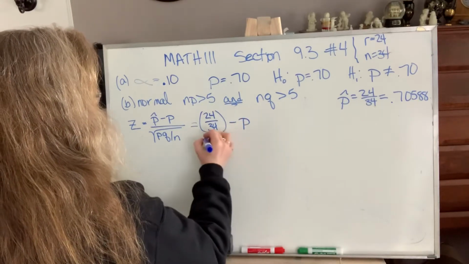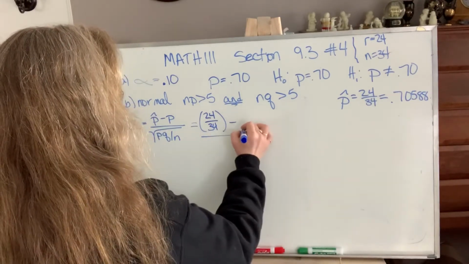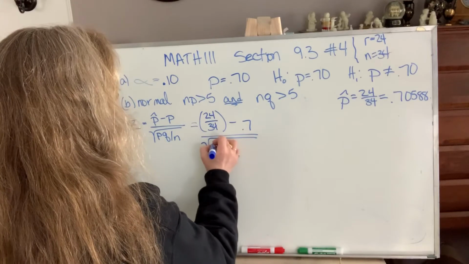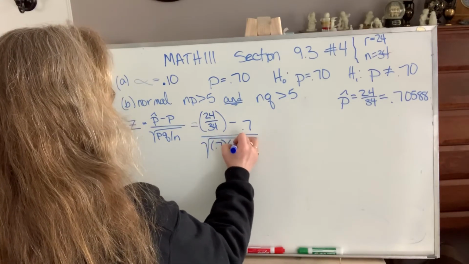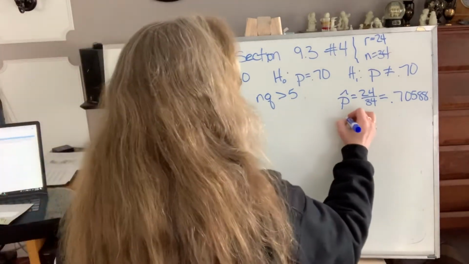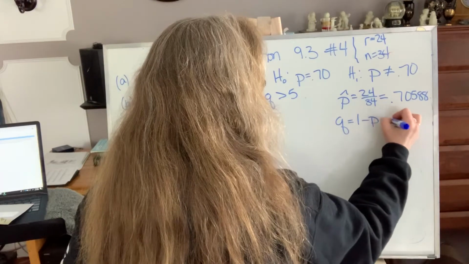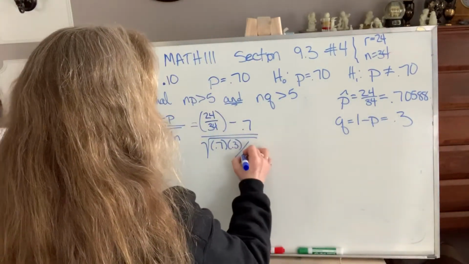Minus p, that's that little p. Minus 0.7, and then divided by the square root of p, which is 0.7, times q, which is 0.3. Remember that q is equal to 1 minus p, so that's equal to 0.3. And then I'm going to divide by 34.